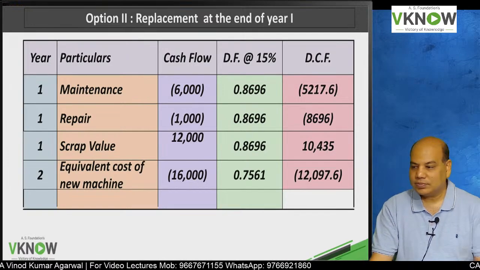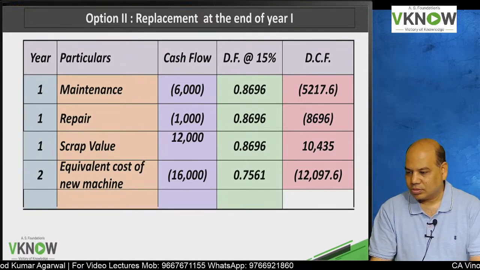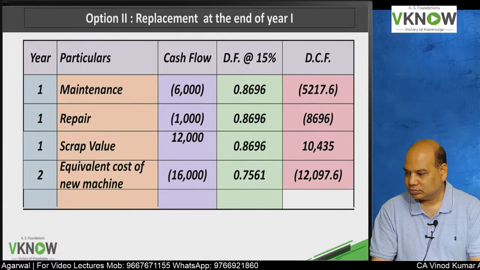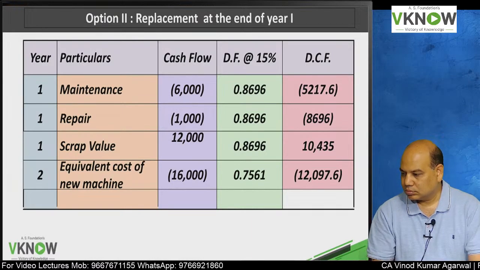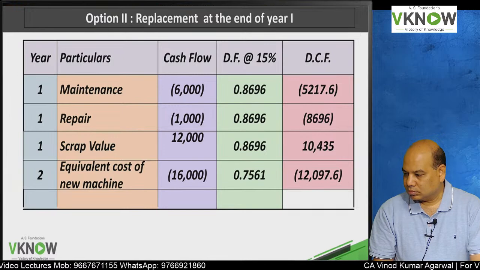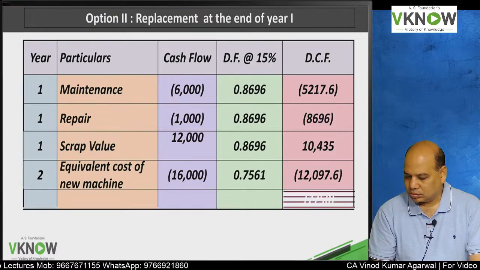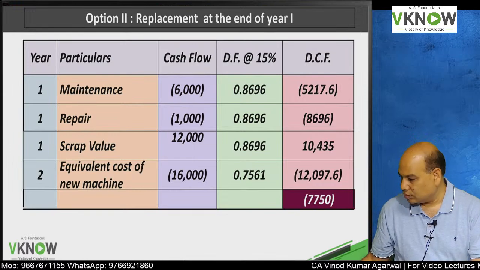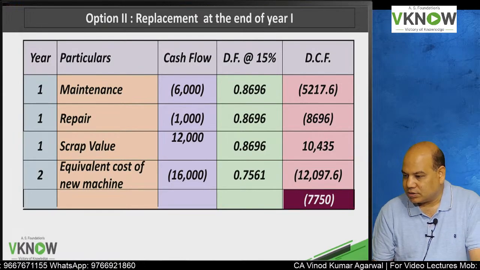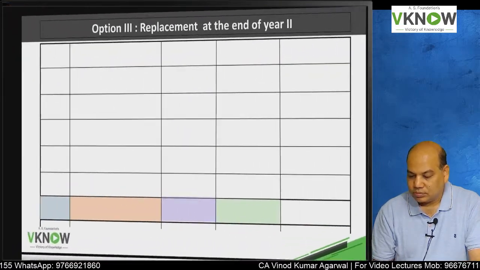Yes, total please. Total of the last column. Check the answer. Negative 7,750. Very good. Negative 7,750.